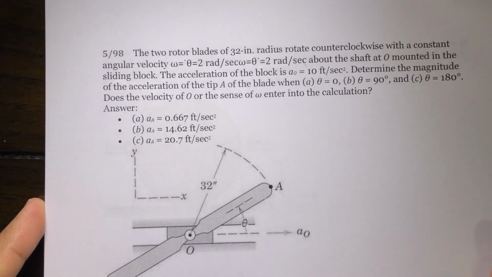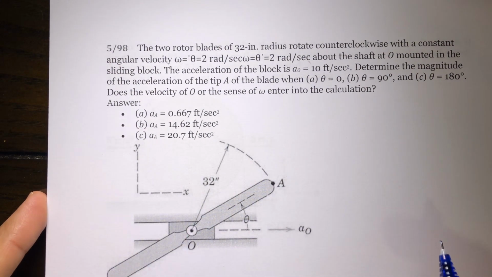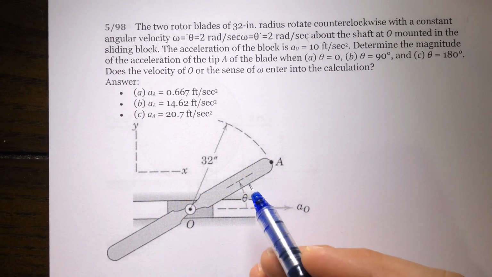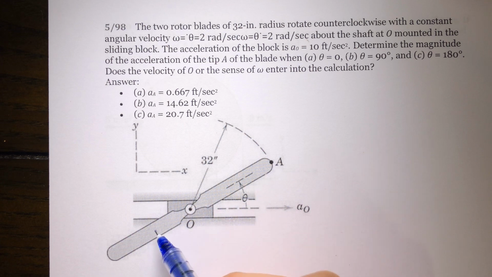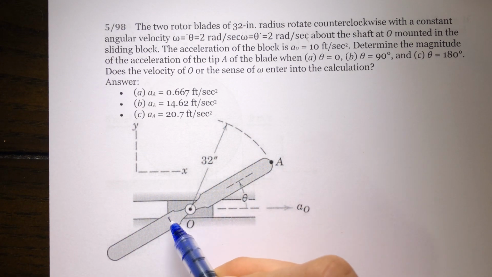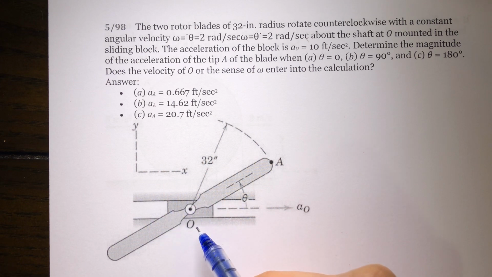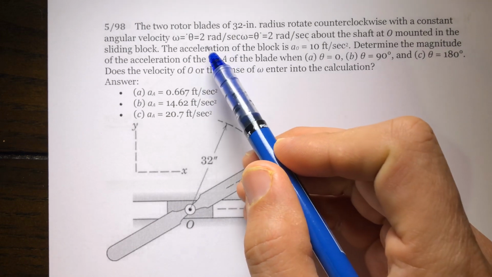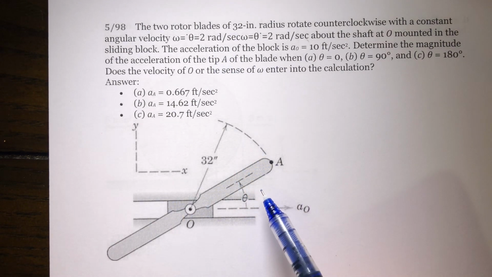Okay. Let's start with this simple problem. Here, problem 98 in chapter 5, we have this rotor. These two blades are rotating about point O with angular velocity of 2 radian per second, which is constant.